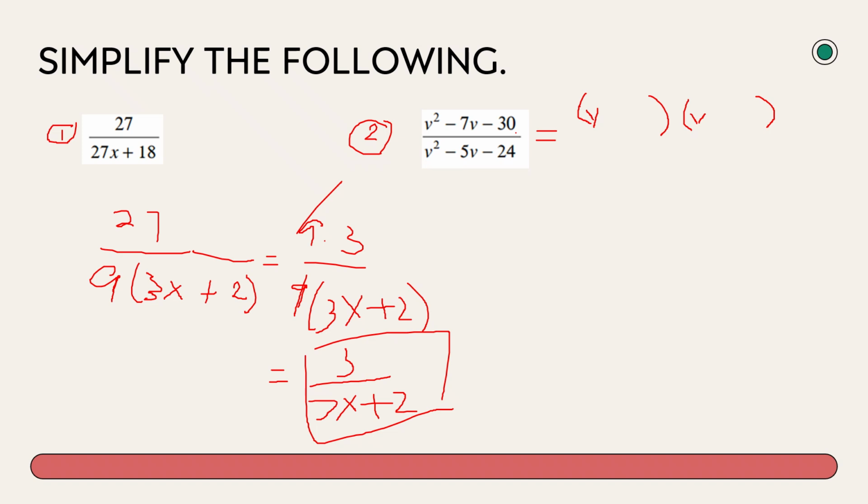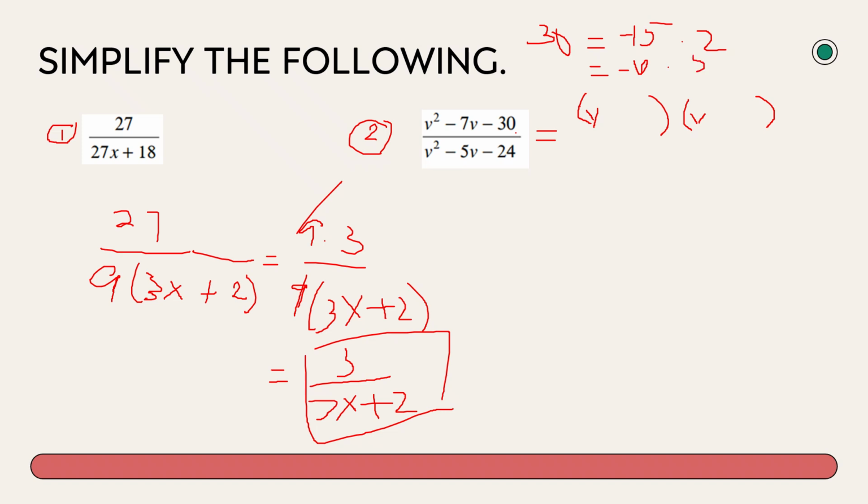Okay, let's try to find the factors of 30. For 30, we got 15 times 2 or negative 15 times 2. We got also negative 6 times 5.